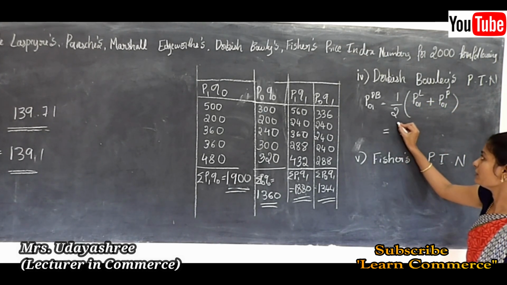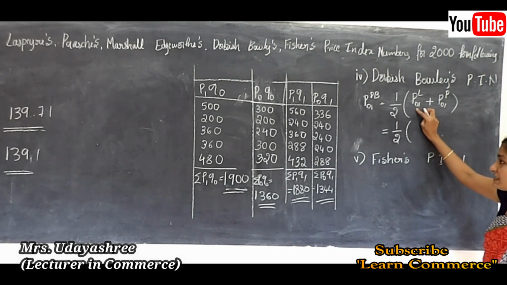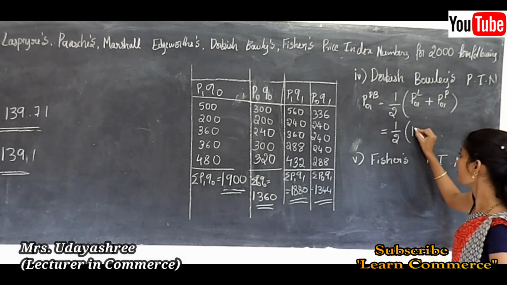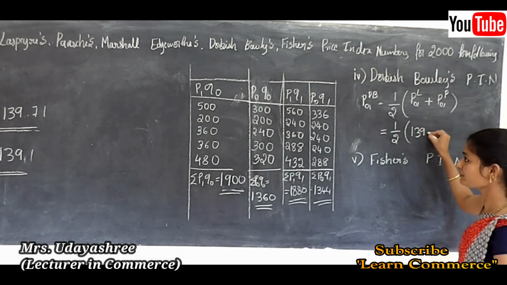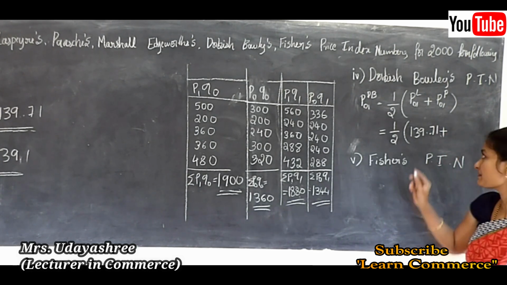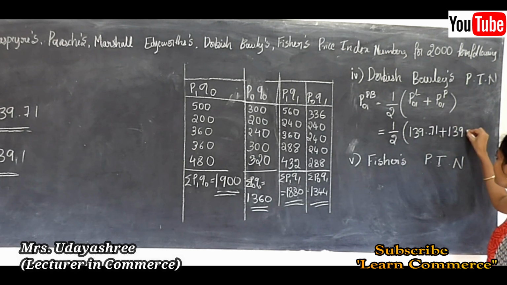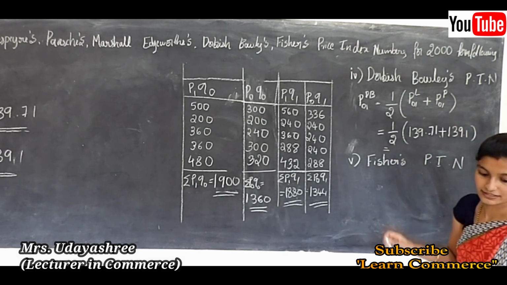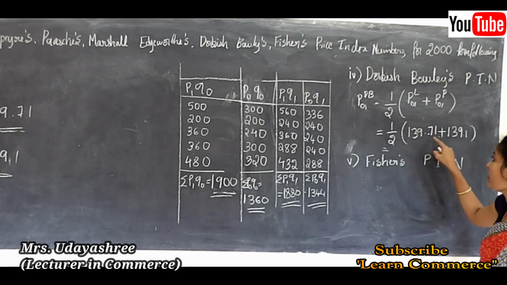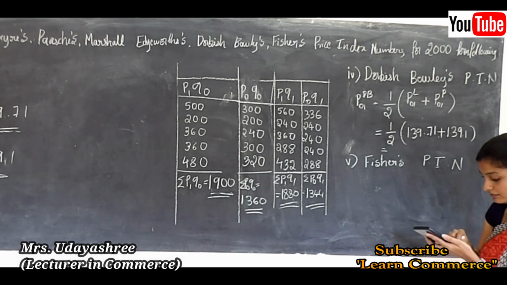This is equal to half into, we already calculated last case price index number, that is 139.71, plus past case price index number is 139.1.